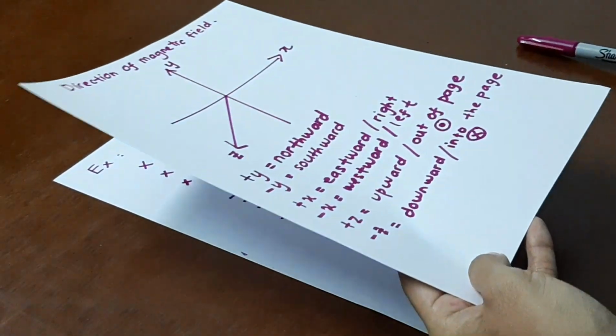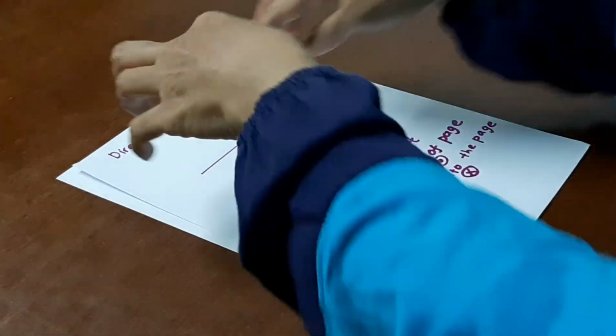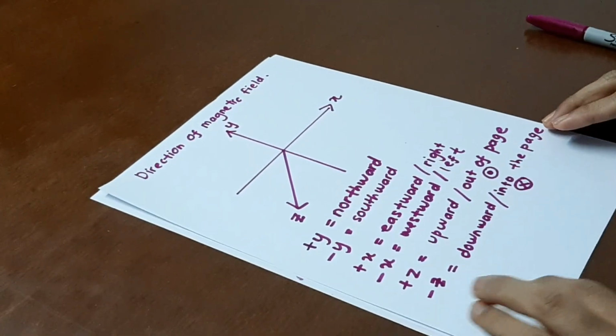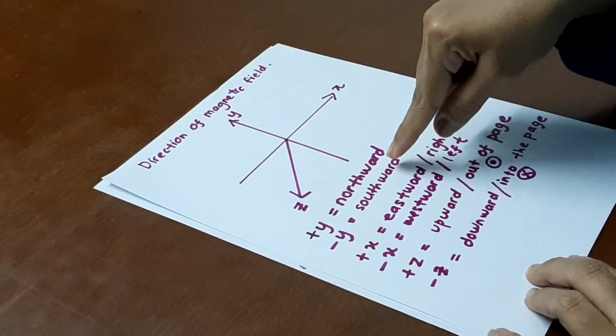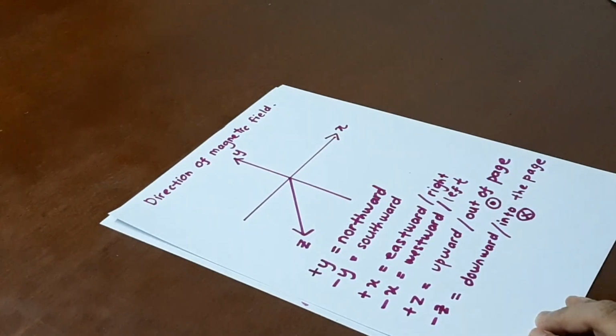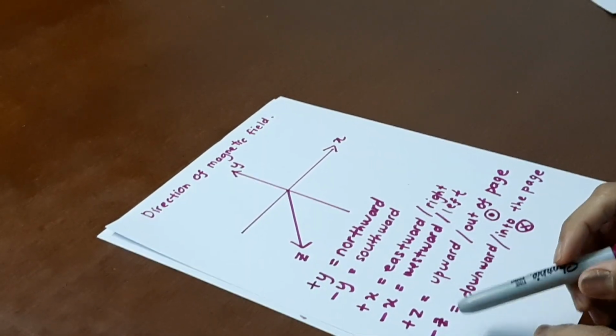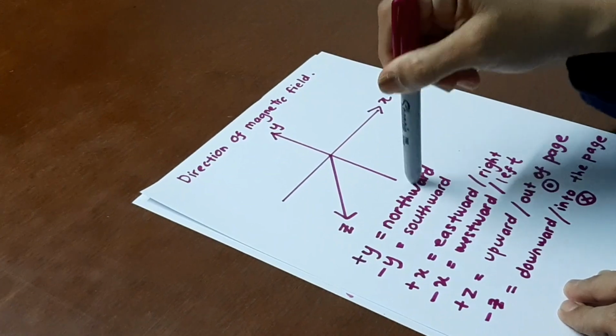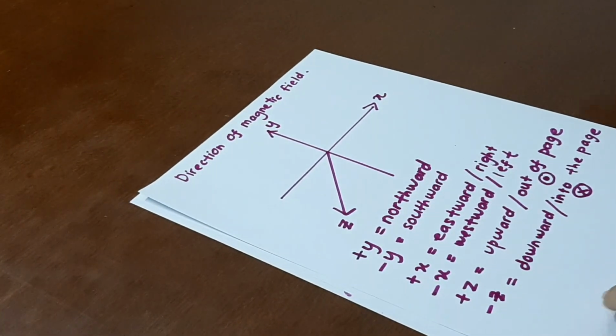Now let me show you. Let's say this is the page. Positive z means the direction of the magnetic field is like this, out of the page. If the direction of magnetic field is negative z, then it will be into the page, inside.